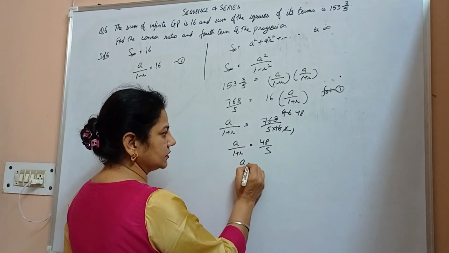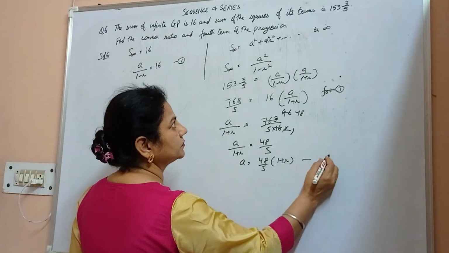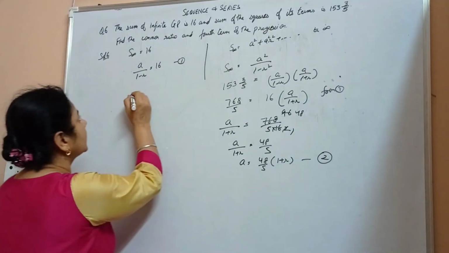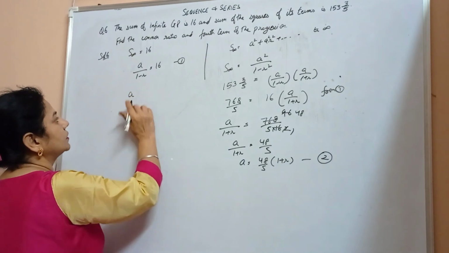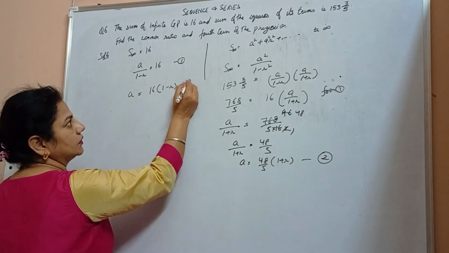From here I get a is equal to 48 by 5 times 1 plus r. I name this the second equation. And from the first equation I get a is equal to 16 times 1 minus r. This is my third equation.